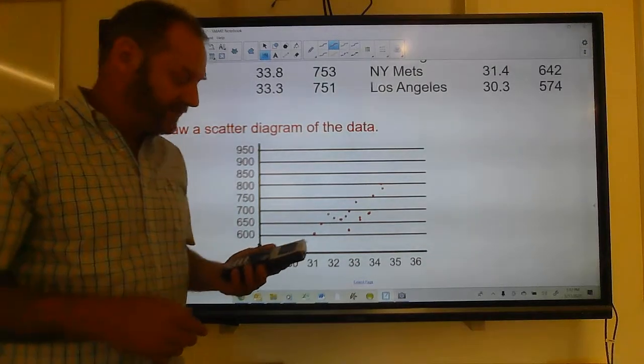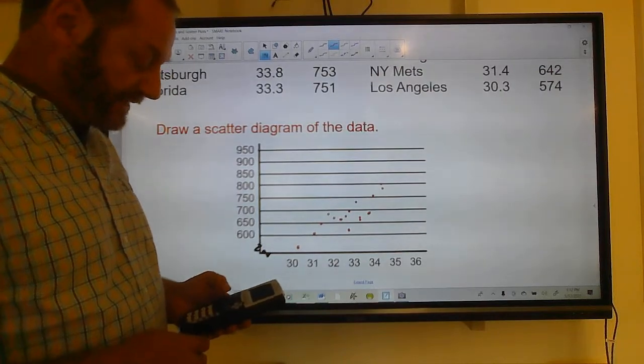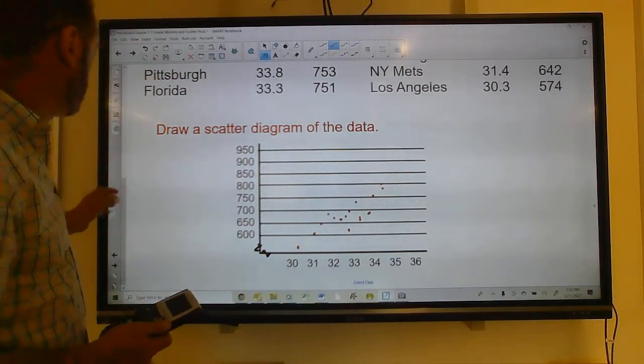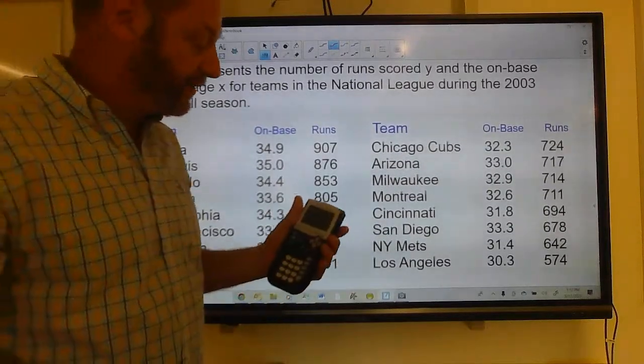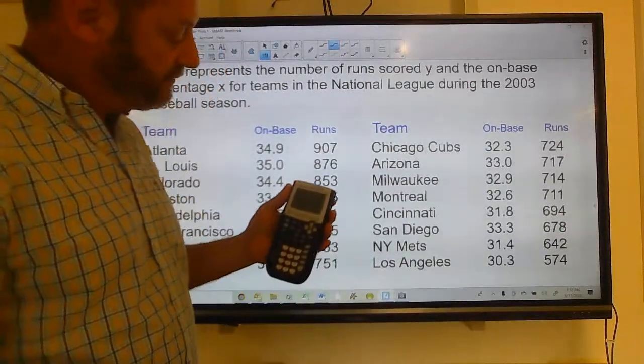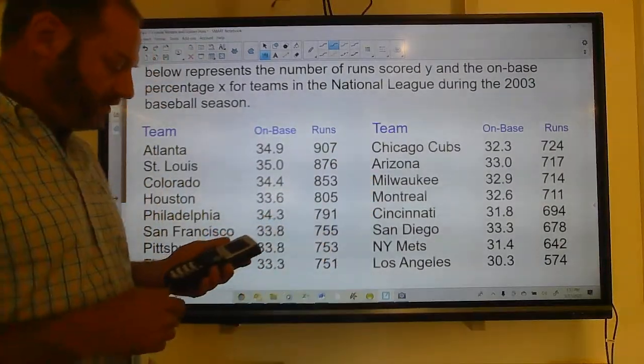Now, we can do all kinds of things with that data once it's in there, but we're not going to learn that today. So you basically have to know how to create a scatter plot on your data, and it should look something like this, and you're off and running.